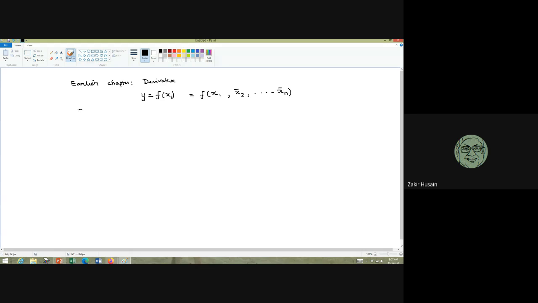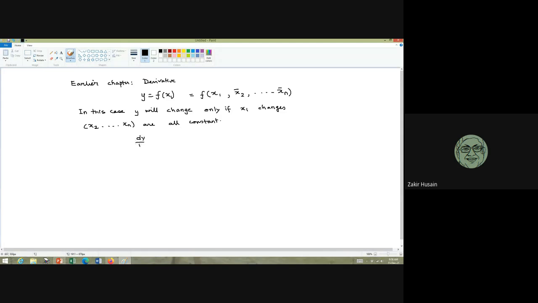Okay, so in this case, y will change only if x1 changes, because x2 to xn are all constants, they cannot be changed.